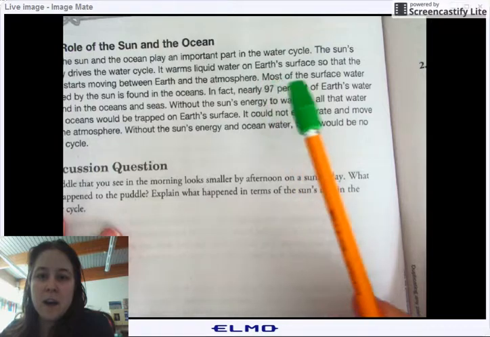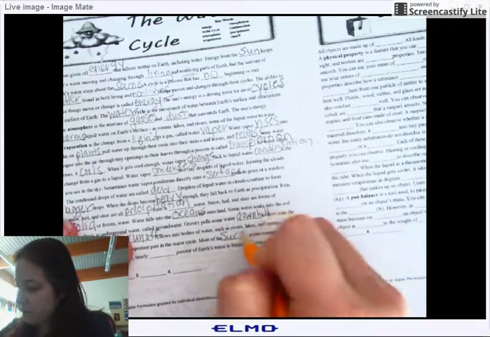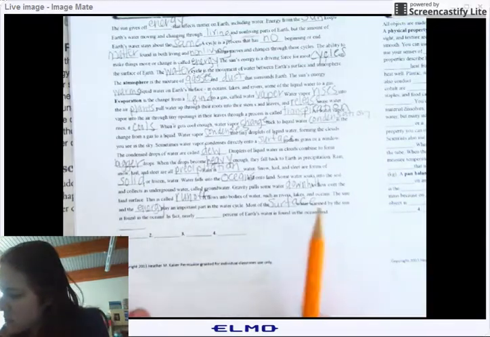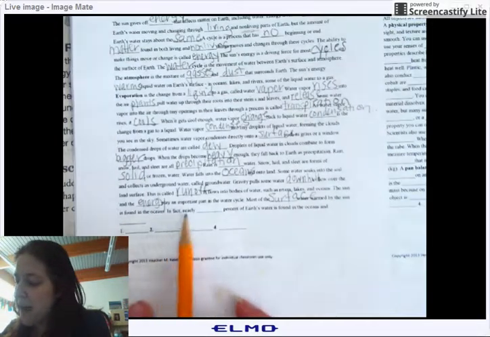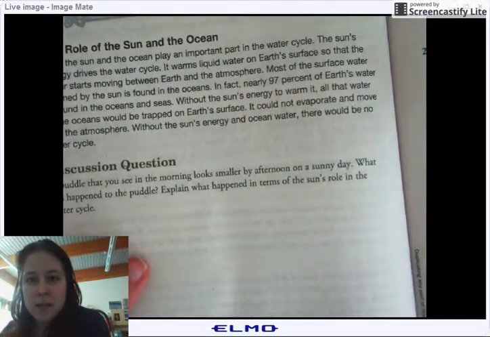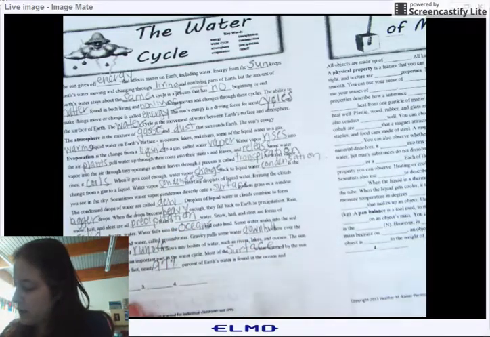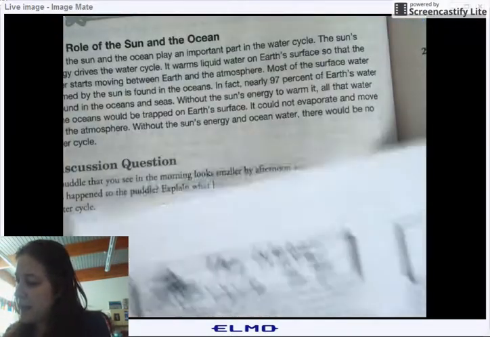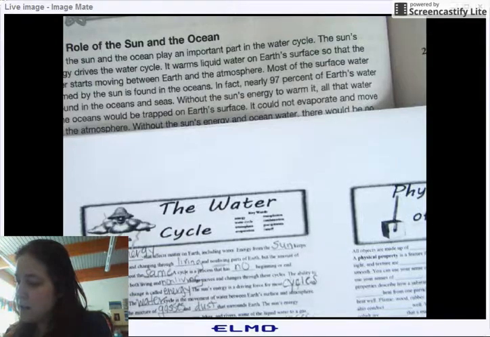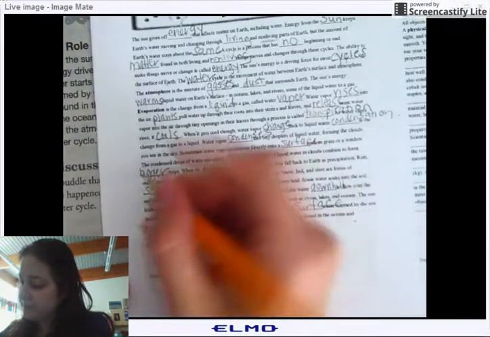Most of the surface water is warmed by the sun and found in the ocean. In fact, how much percent did we say it was? 97% of water is found in the oceans and, right there. See it? Seas.